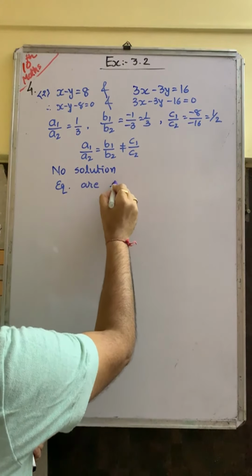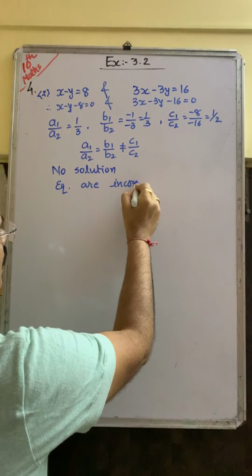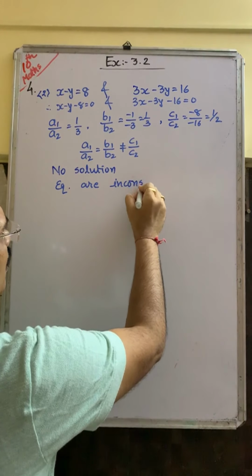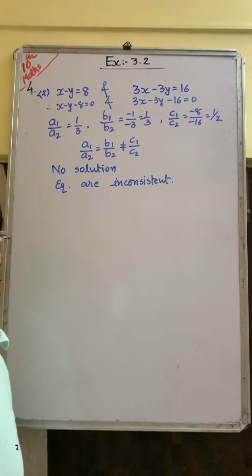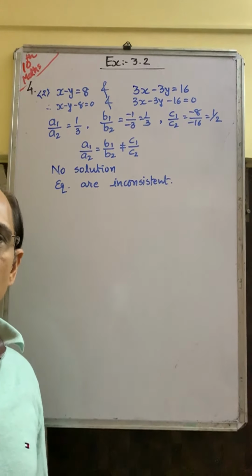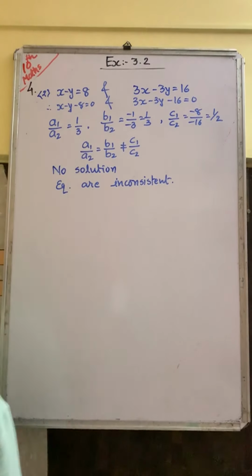Equations are inconsistent. Is it okay? If equations are inconsistent, you do not have to draw a graph.